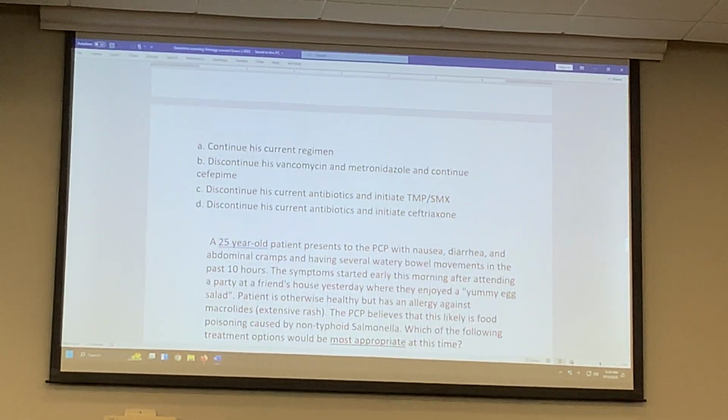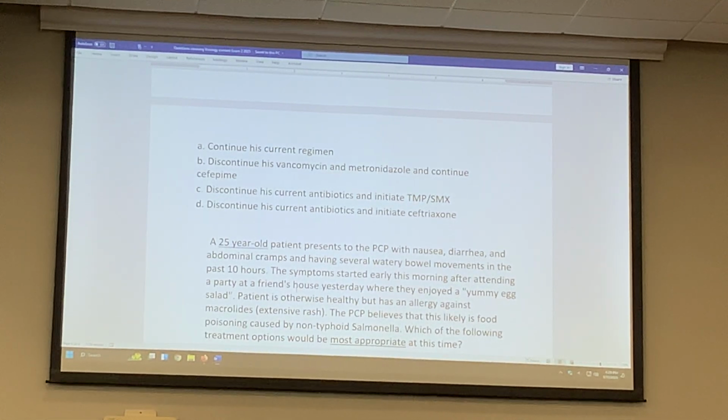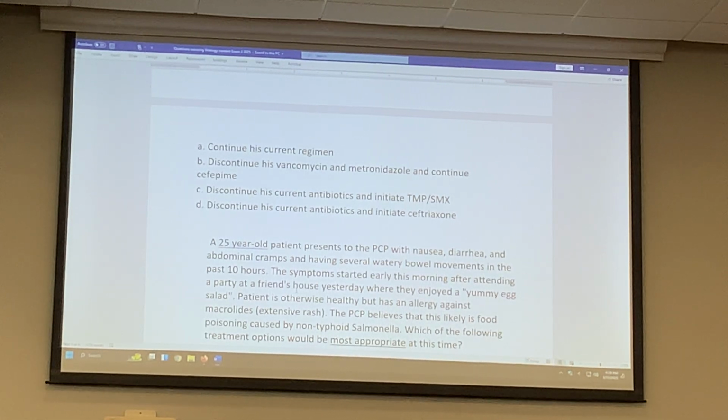So keep in mind, what did I say to you about food poisoning? What are some key points of food poisoning? Key elements. Do we have self-limited? Good point. Next. A few other things.